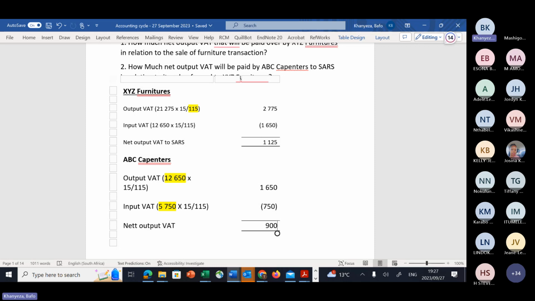That can of Coke, a retailer bought it from Coca-Cola at a lower price. The VAT that they paid when they bought, they claim it back from SARS. So you are the final consumer. You don't claim anything because you consume what you buy.